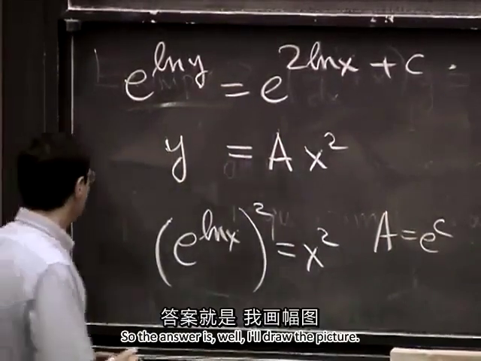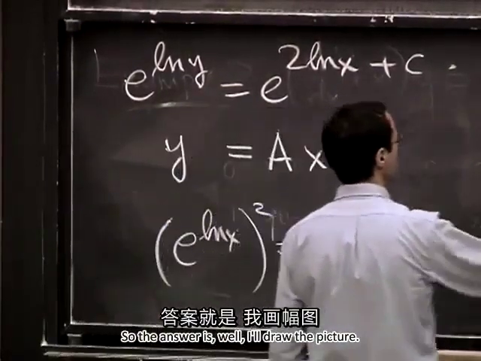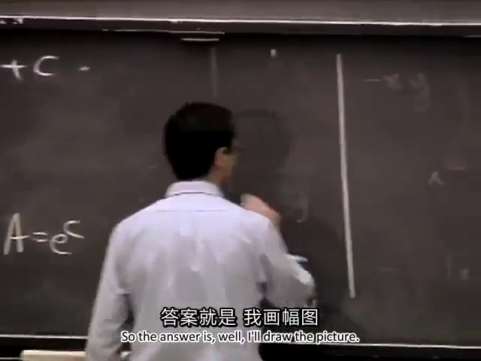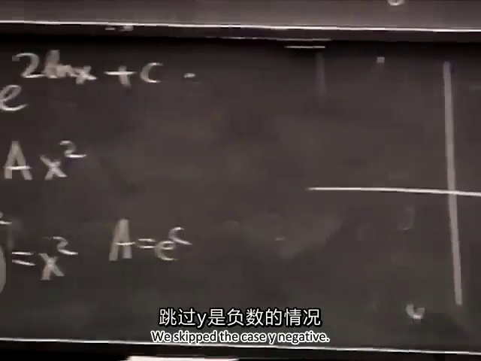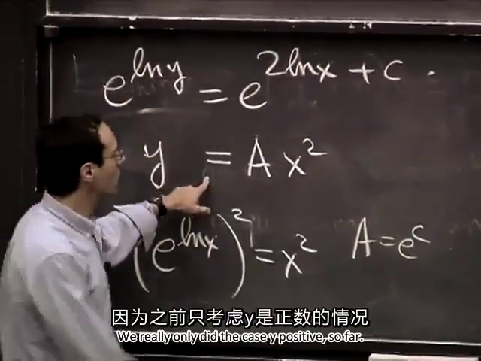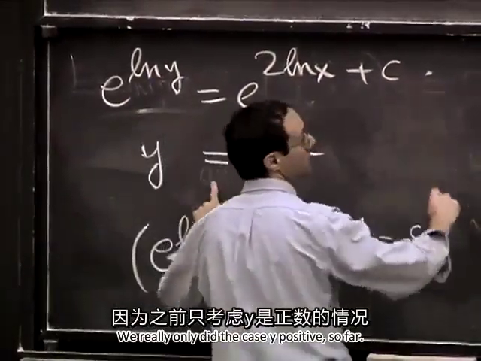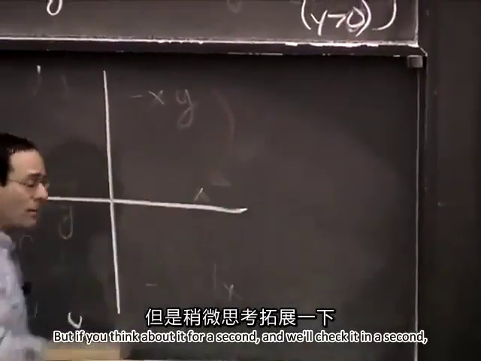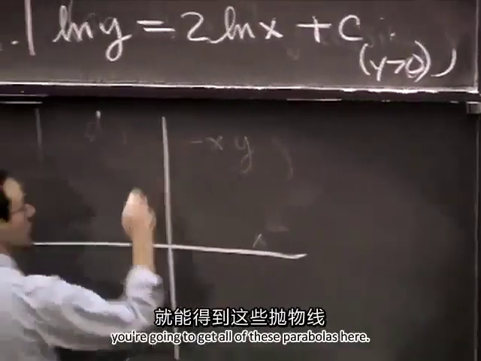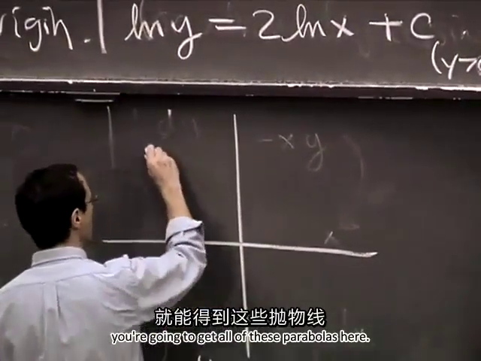So the answer is, well, I'll draw the picture. And I'm going to cheat as I did before. We skipped the case y negative. We really only did the case y positive so far. But if you think about it for a second, and we'll check it in a second, you're going to get all of these parabolas here.